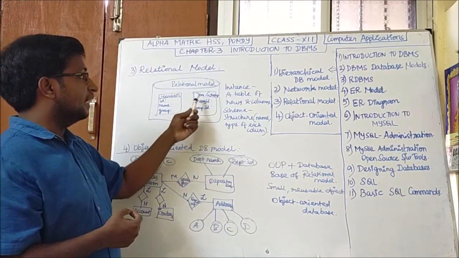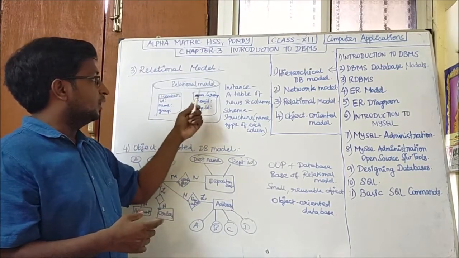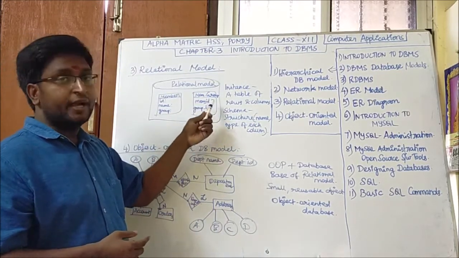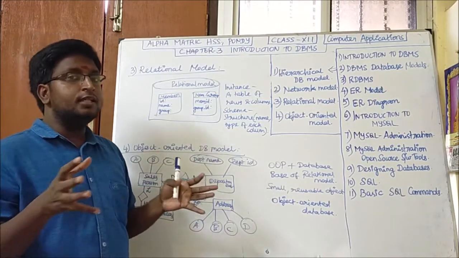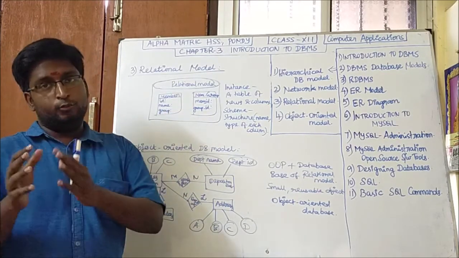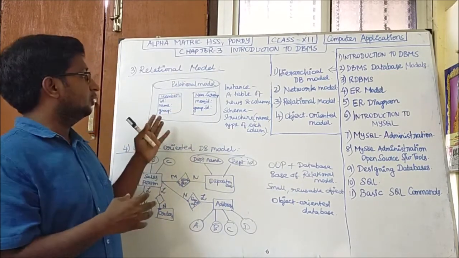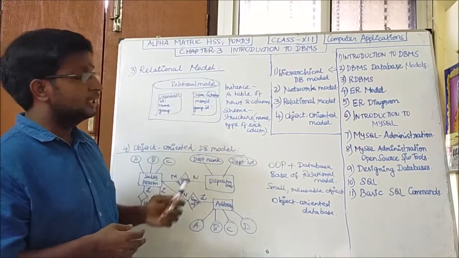The member group will have member ID, who are all the member IDs related to this group, and what is the group ID they are related to. Like that, gathering the similar data by forming separate groups based on their relation. So this is the relational model.